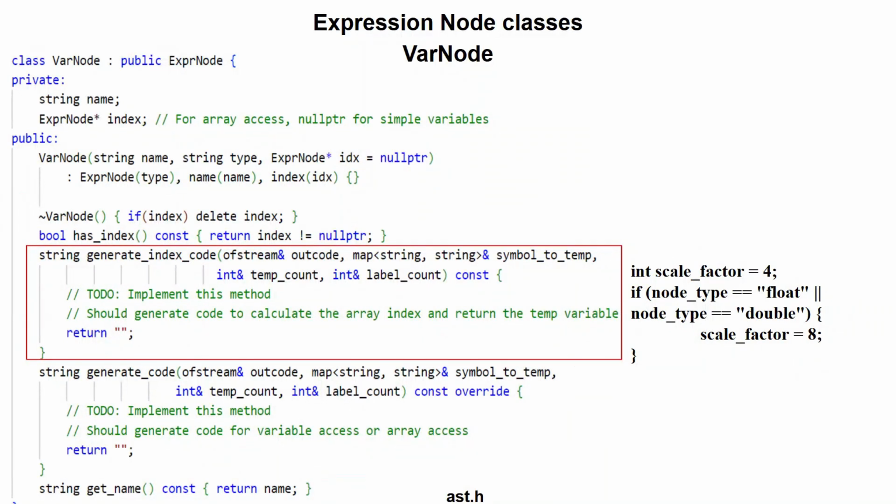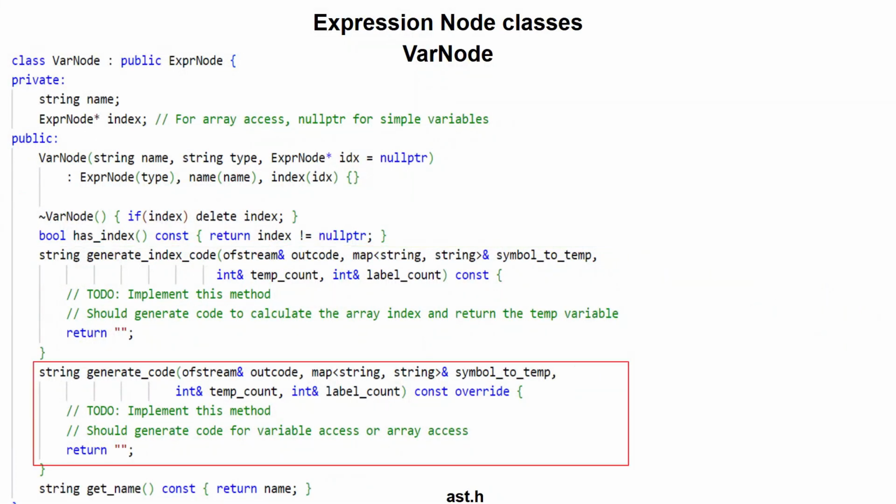When you are scaling the index, remember to scale the index based on the element type. For example, 4 bytes for int and most other types, and 8 bytes for float or double. Lastly, you have the generateCode method, which generates the final code. For array access, generate scaled index code. If it's a simple variable, just load the value or reference.